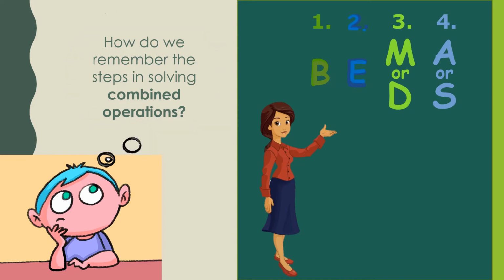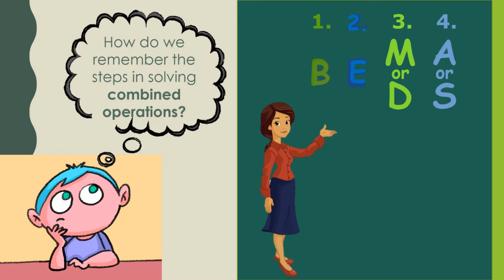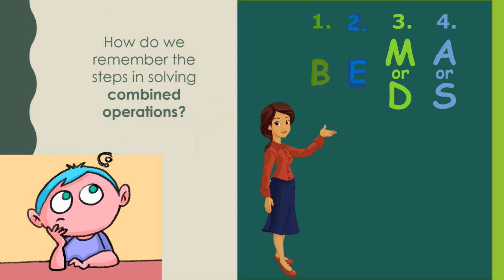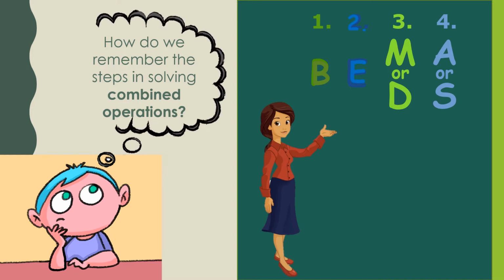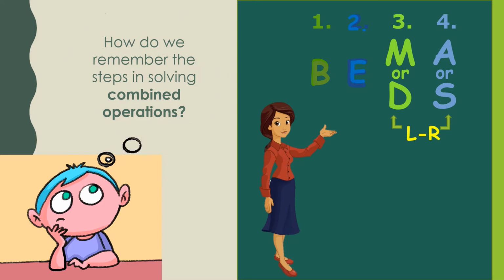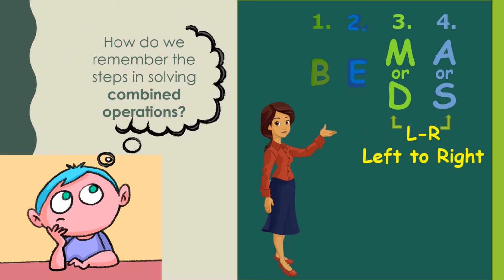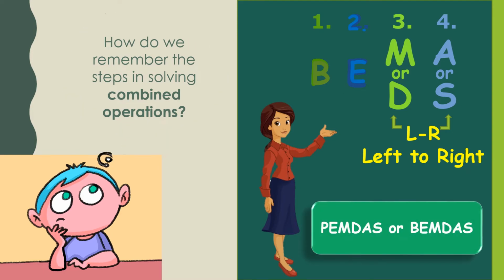E. Level 3. M or D. And level 4. A or S. And we must not forget that on level 3 and level 4, we must work from left to right. That's all for now, kids. Don't forget BEMDAS.